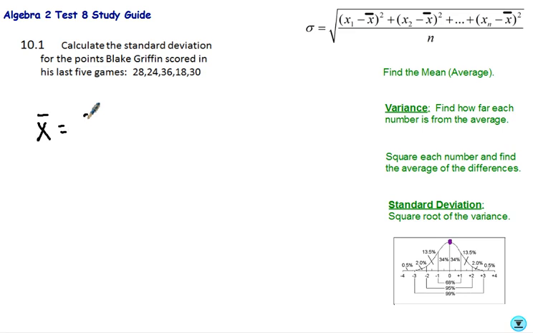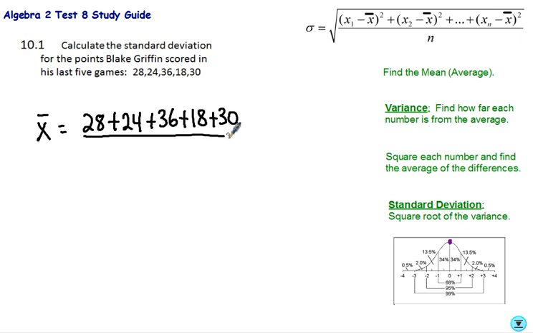You just take the numbers that are there, add them up, and then divide by how many numbers there are. There's 1, 2, 3, 4, 5, so I will divide by 5.